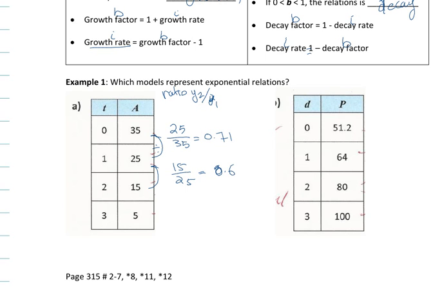0.6. Yep. And 5 divided by 15, which is 0.3. So looking at this, is your ratio constant? No. No?